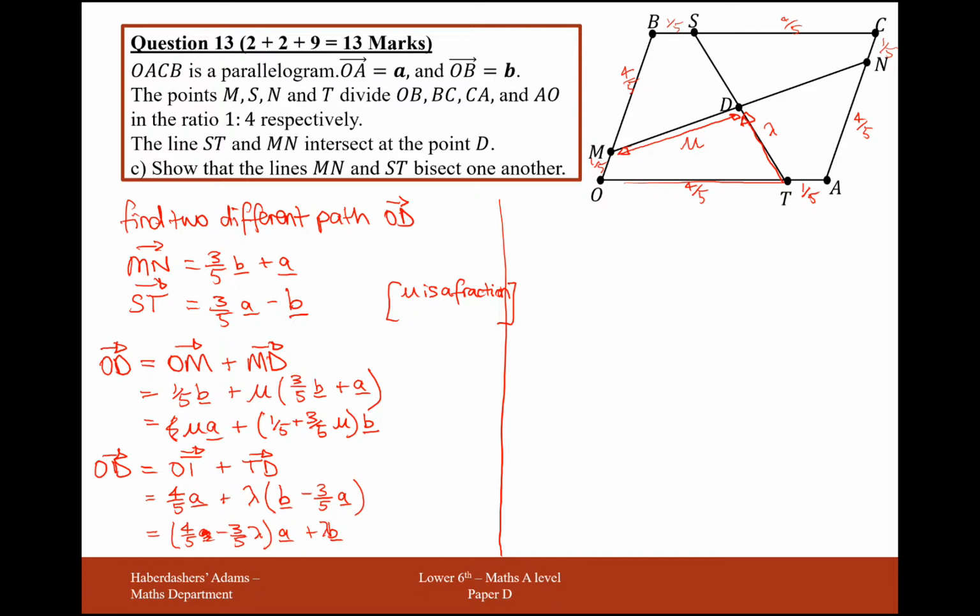Okay, so we've got two different ways that we can get from O to D. Now if there are two different ways to get from O to D, then those vectors must be equal to each other.